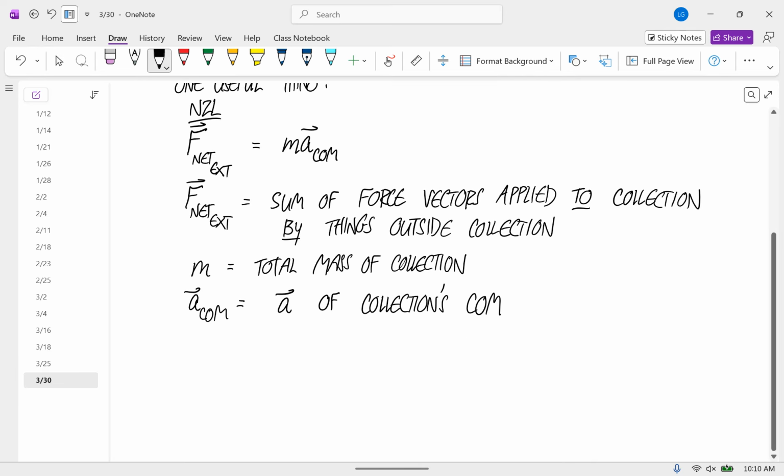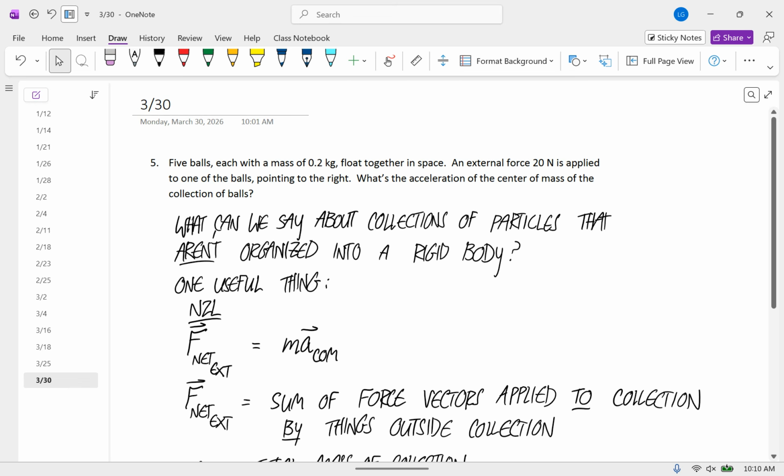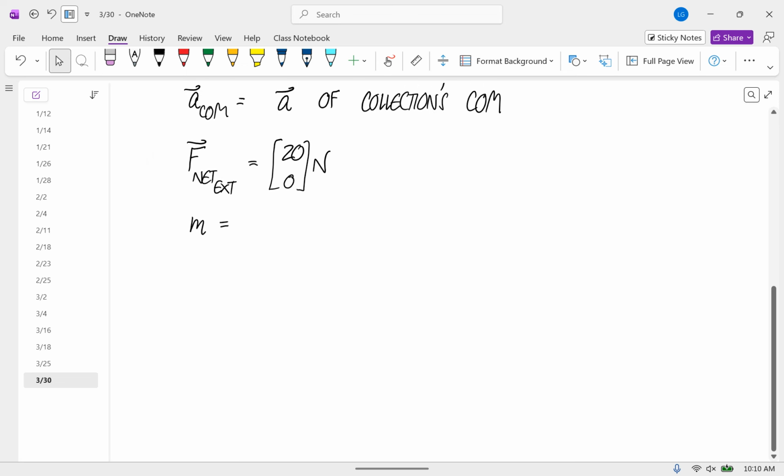So for this example, F net external is equal to 20, 0. The total mass of the collection is 5 times 0.2, so that's 1 kilogram.